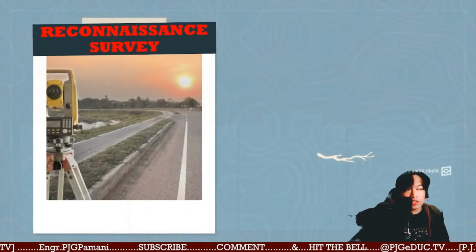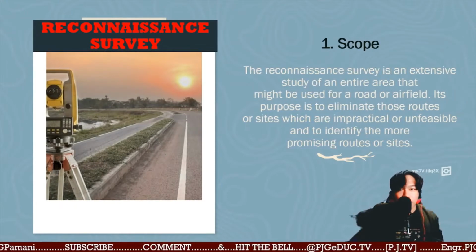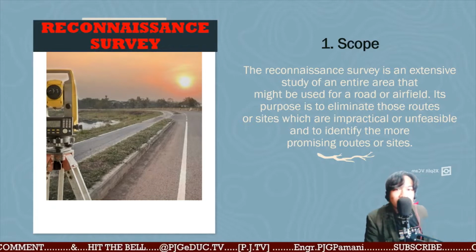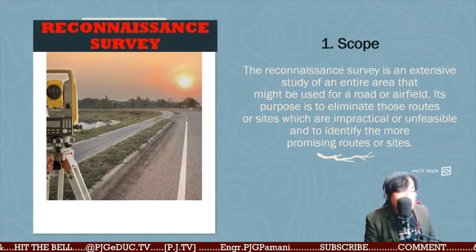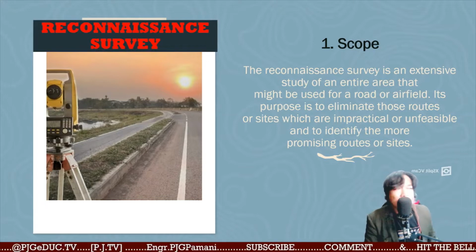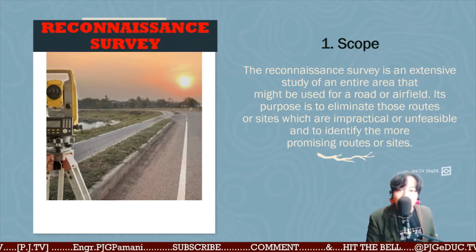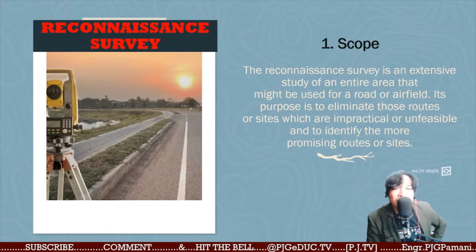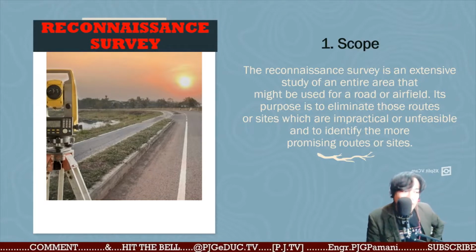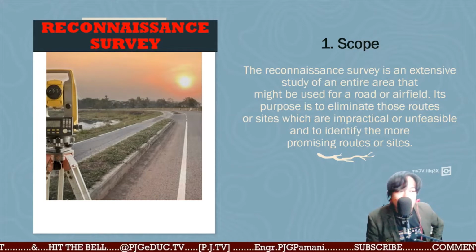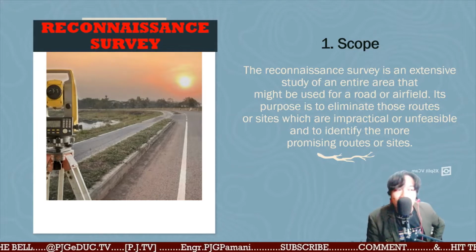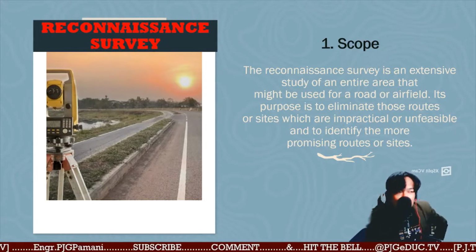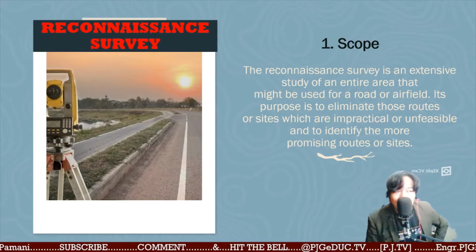First of all, we have the reconnaissance survey. In the scope of the reconnaissance survey, it provides an extensive study of an entire area that might be used for a road or airfield. Of course, before considering a specific location as our construction area for building a roadway, we need to consider whether this location is what we need in building and connecting these areas.